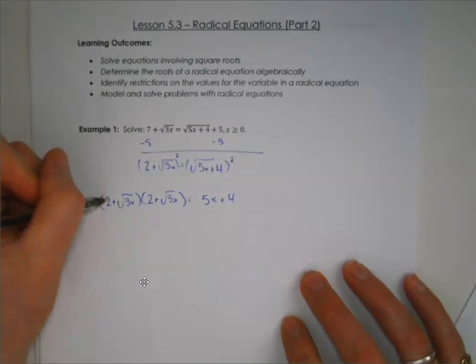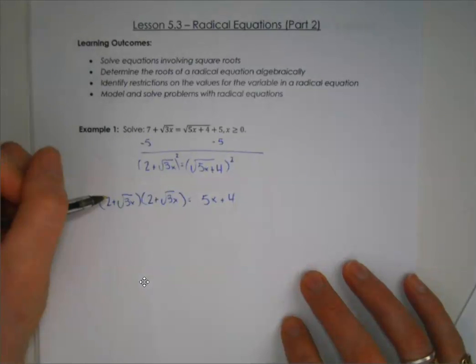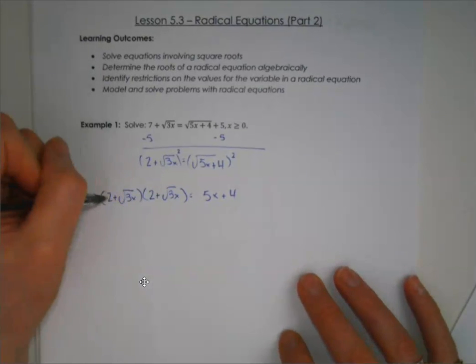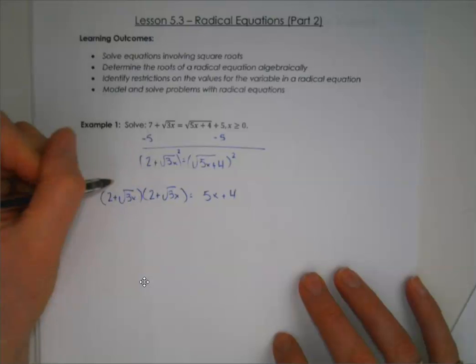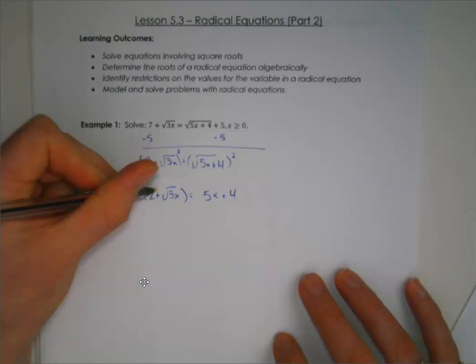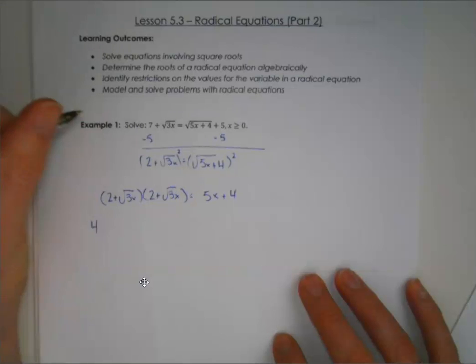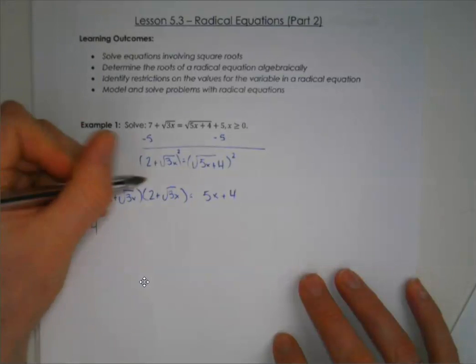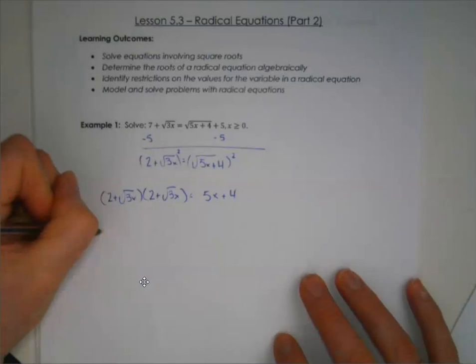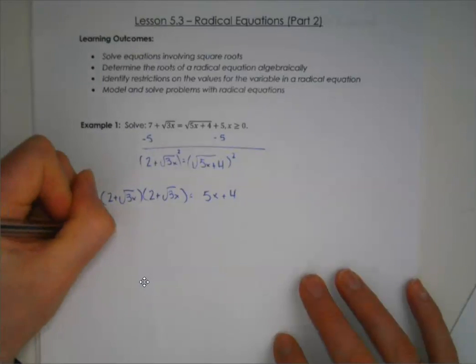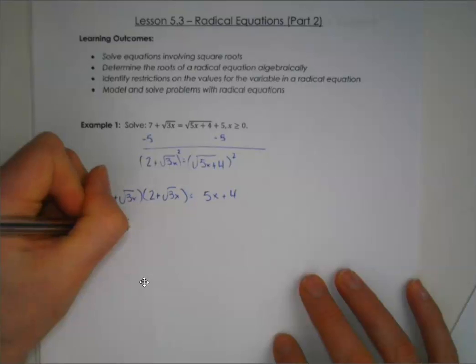Now we want to go through and simplify the squared side. First we multiply it all out and then simplify it down. So 2 times 2 is 4. Outside, 2 times root 3x is 2 root 3x.